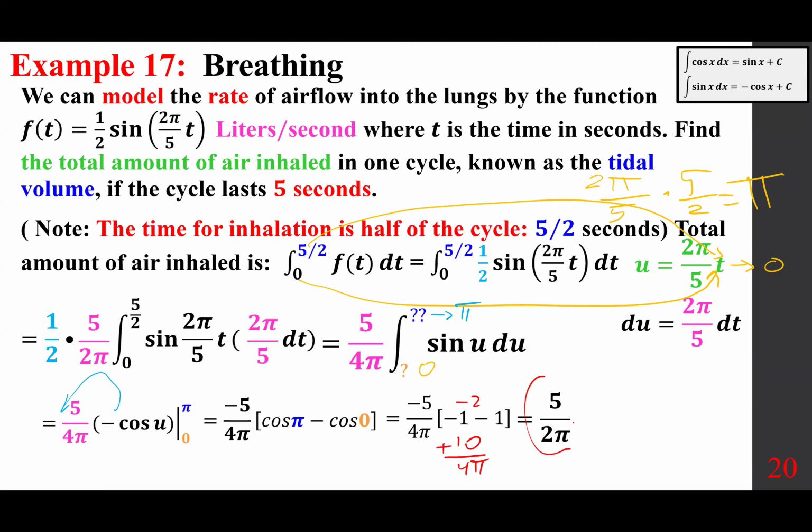This is exact, roughly 0.796. And you choose the number of decimals as they ask you. For example, 0.80. Because this is liters per second, then this must be in liters. So you want to be careful with that to answer it properly.